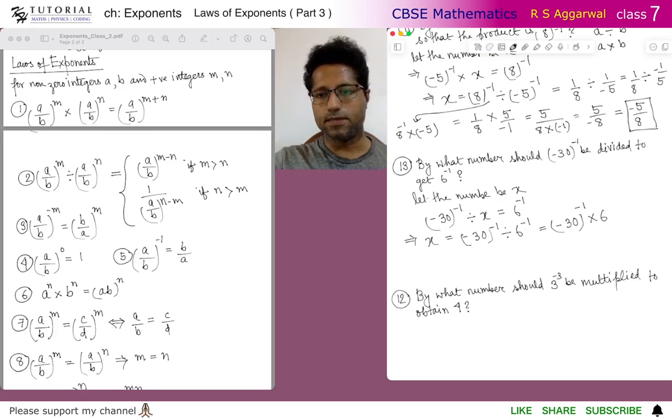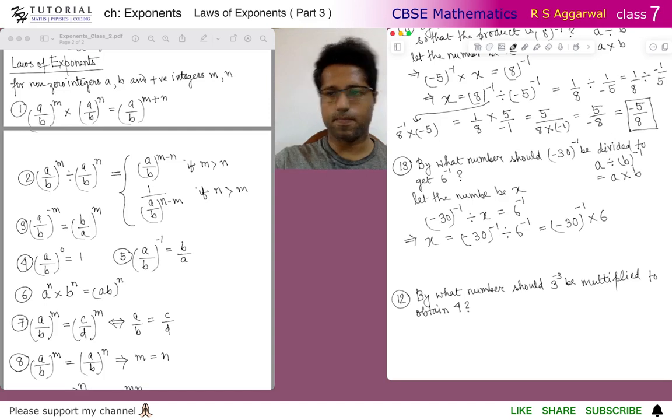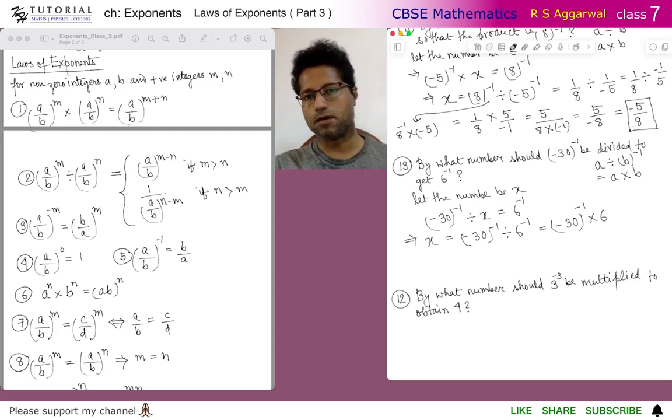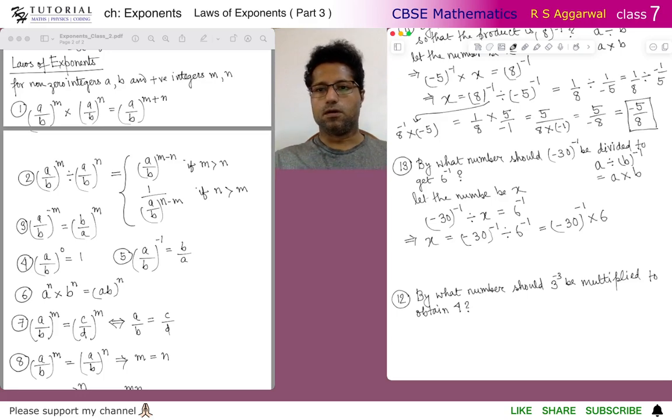So the idea is that if you have any number and you divide by the reciprocal of another number, this is nothing but a multiplied by b. This is a short, not a trick, but you can save time. Now we know, what is minus 30 to the power minus 1?